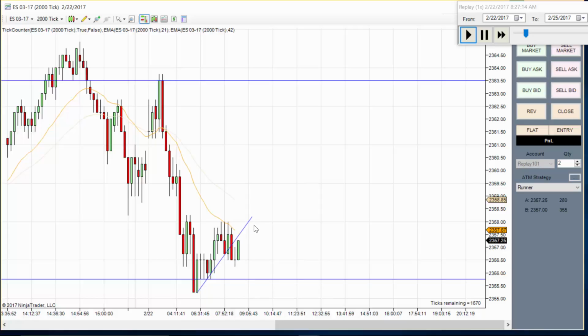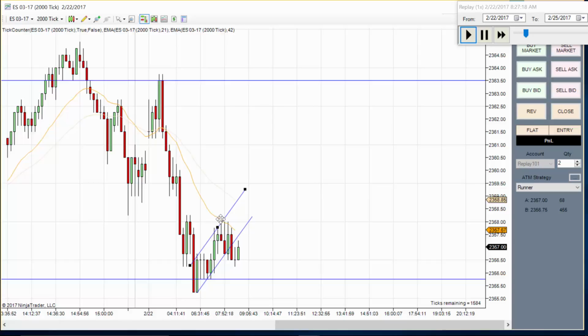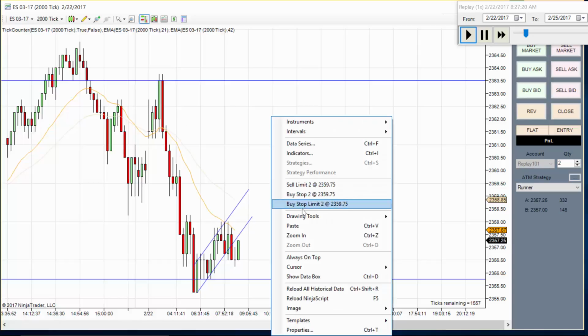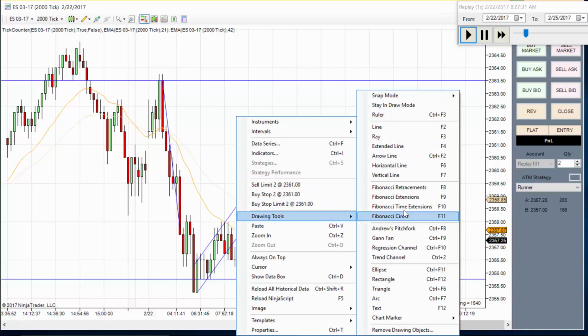So we have a possible trend there. And then on the way down, we had a trend there that broke. We made it to a new low.